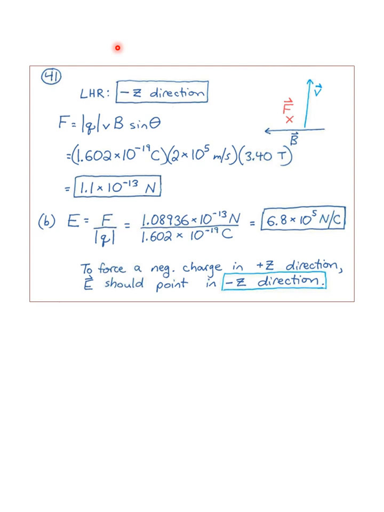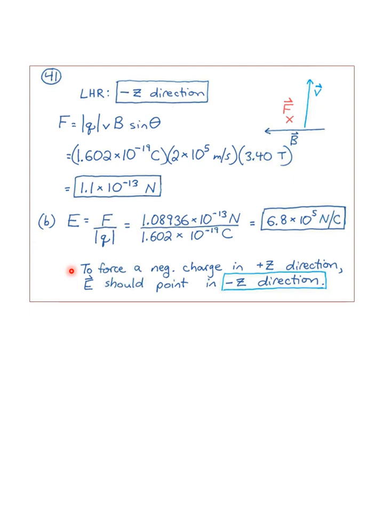Now, if up is positive y and to the right is positive x, then coming out of the page would be positive z. Since it's going into the page, that's the negative z direction. Force equals QVB sine theta. And so you should plug those in and get 1.1 times 10 to the negative 13 newtons.